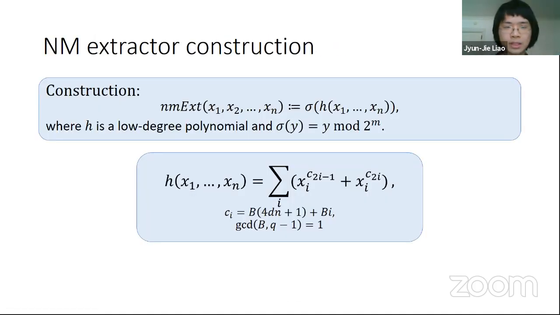Our construction is in this form. Based on the Trevisan-Goswami reduction, the decoding function will be the non-malleable extractor. And our non-malleable extractor basically applies a polynomial on the input and then takes the last n bits of the polynomial output as our output.